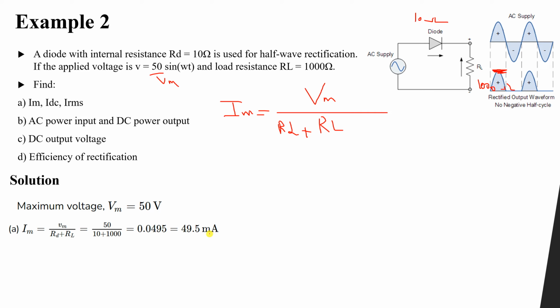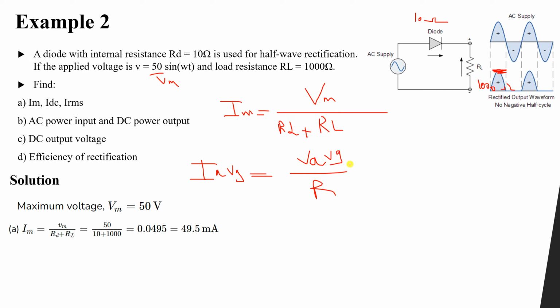Okay, great. Second thing, which is I average. We need the average current. Since we are talking about a pure resistive load, I average will be V average over R, from Ohm's law.